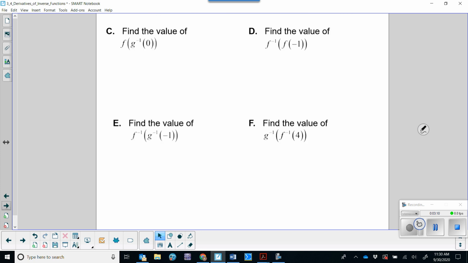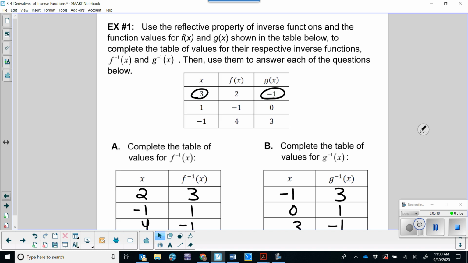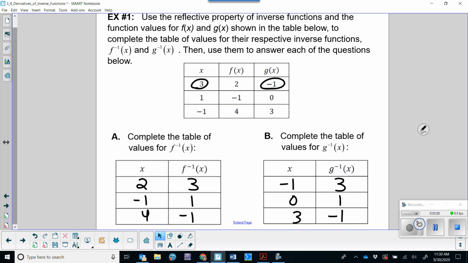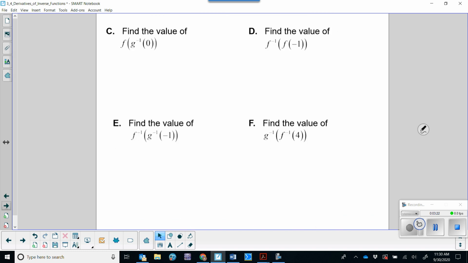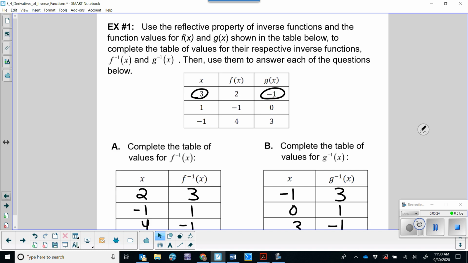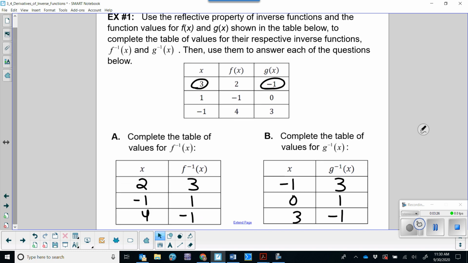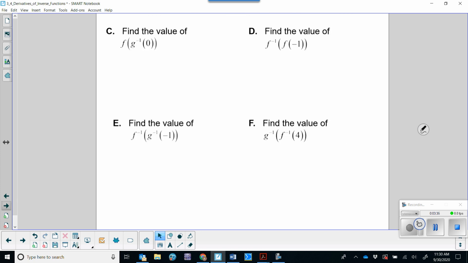Okay. So now we go to C, and we want to find the value of f of g inverse of 0. So going back to the table here, we're doing f of g inverse of 0, so we go inside out. So first we need g inverse of 0. So that means right here, because we're going to plug in 0 as our x and get the value of g inverse, which is 1.